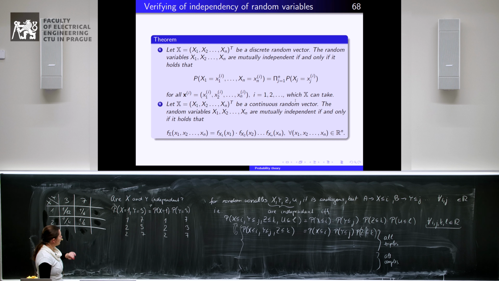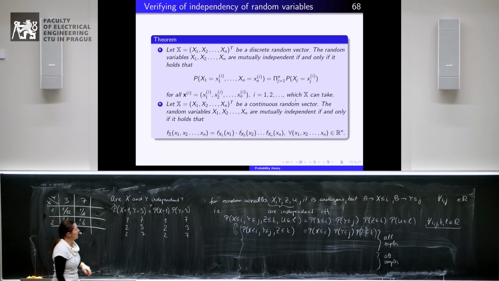What are the marginal probabilities? What is the probability that x is equal to 1? The probability that x is equal to 1 is in fact the sum of these two probabilities. Because in these two situations, x is equal to 1, y is equal to 3, and x is equal to 1, y is equal to 7, we have the situation that x is equal to 1.